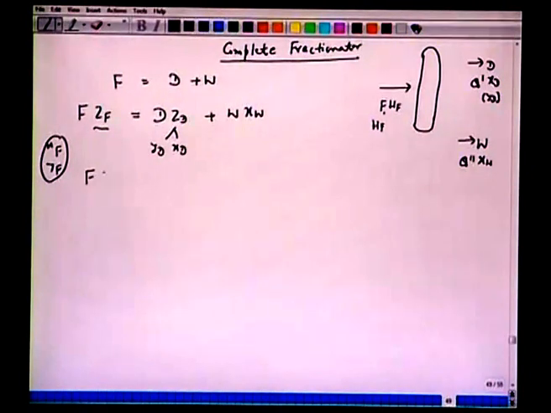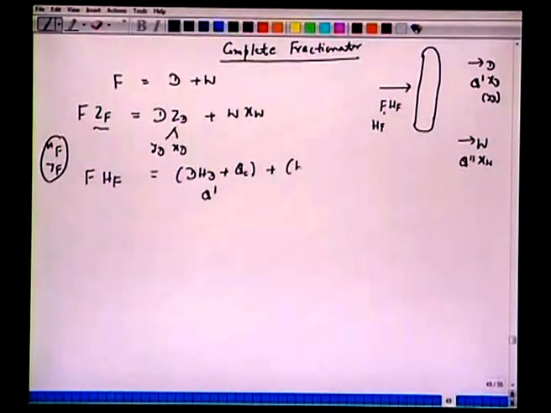So F ZF equals D ZD, where ZD is either YD or XD, plus W XW. We can also write F HF. So total energy in is total energy out: D HD plus QC, which we call Q dash, plus W HW minus QB. Make a note here: plus QC and minus QB is the energy which goes into the system.